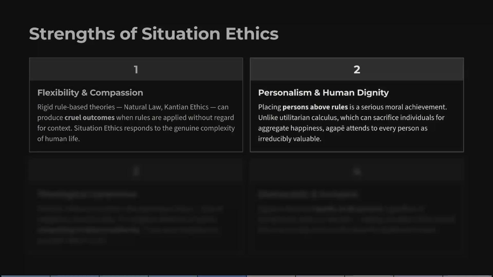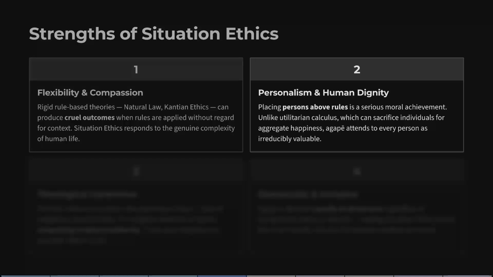Number 2, personalism and human dignity. You'll remember from the justice problem session that one of the deepest criticisms of utilitarianism is that it treats persons as receptacles for utility. Well, the individual can be sacrificed for aggregate happiness. The numbers justify the harm that is done.